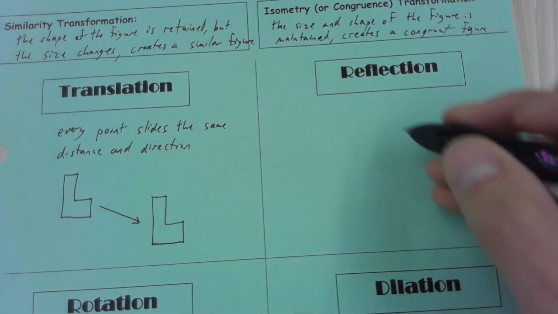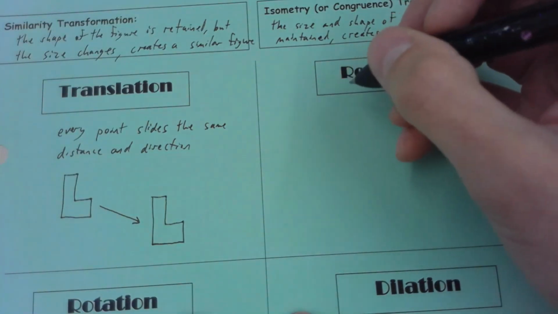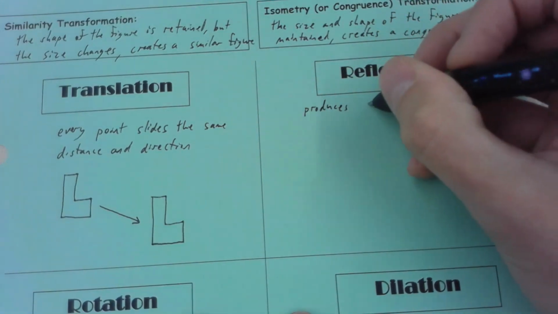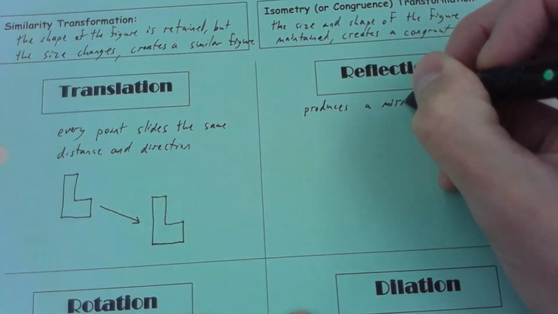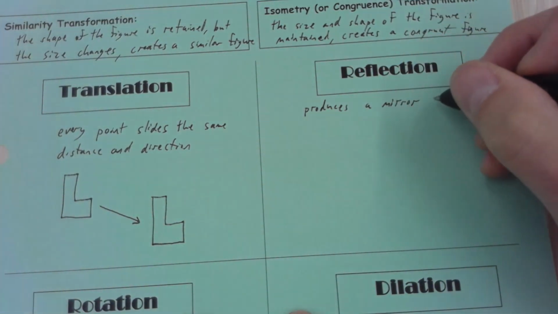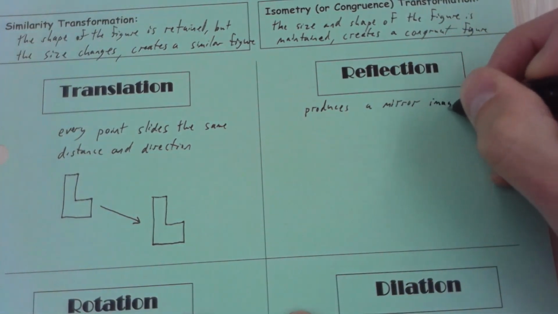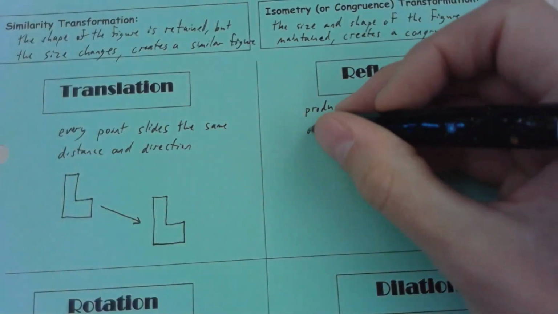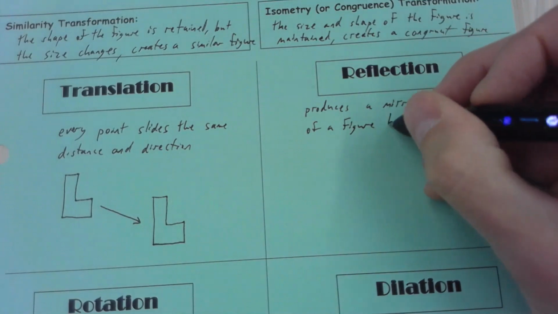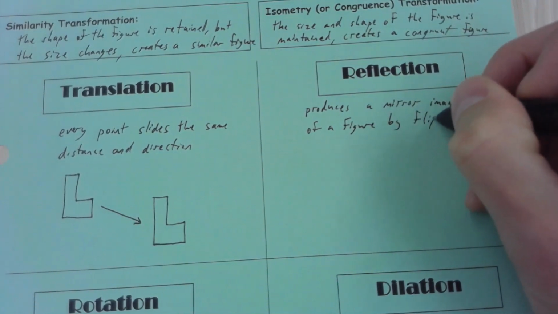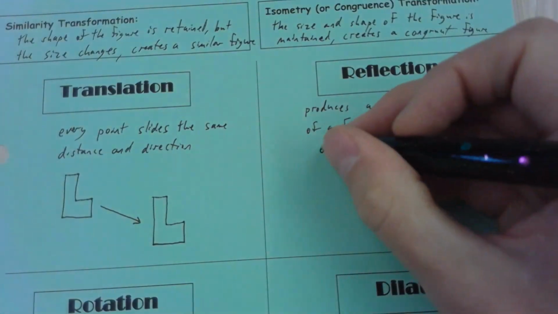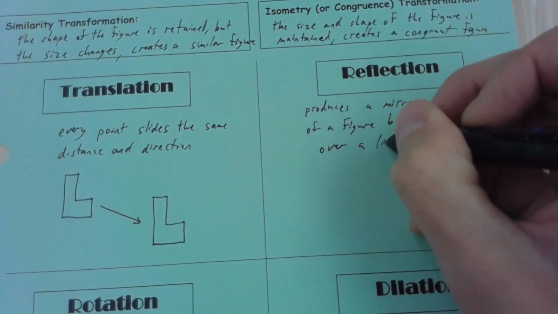But a reflection, we're just going to give some definitions here. Reflection produces a mirror image, as you might suspect. A mirror image of a figure by flipping it over a line.